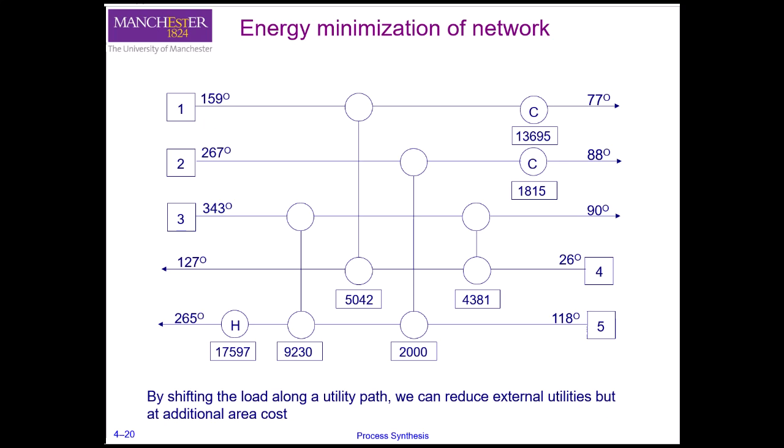For this network, for example, we have 1, 2, and 3 hot streams, and then we have streams 4 and 5, and they are the cold streams. You have one heater and 2 coolers to provide the external utilities. Then you have made the necessary matches following the usual heuristics of CP and the number of streams to have process to process heat transfer and to get the maximum energy recovery.